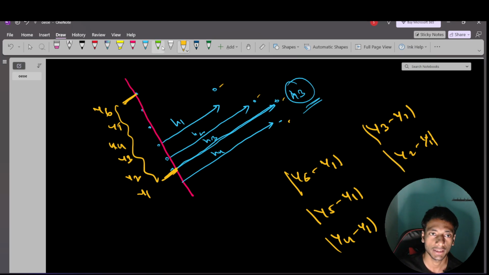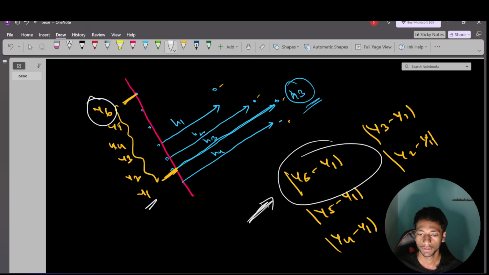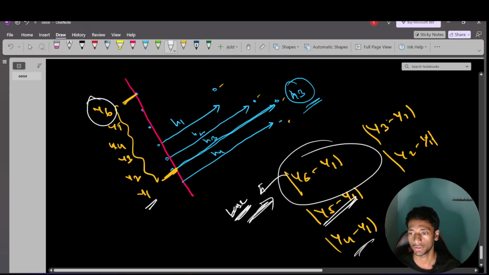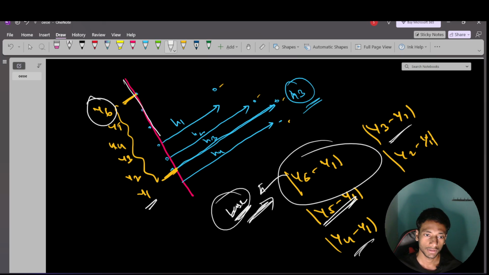Which gives the maximum value? This one will give the maximum value, correct? Because y6 is the farthest point from y1, that's why it will give us the maximum gap. This gap is our base, so I'll choose this base. I do not need to check y5 minus y1, y4 minus y1, y3 minus y1, correct? So this is clear.